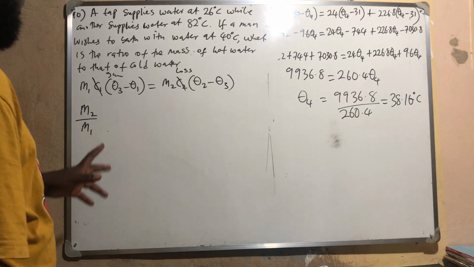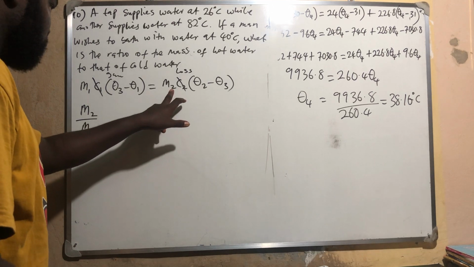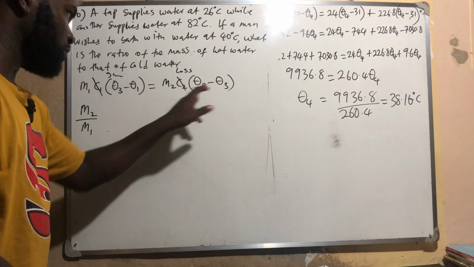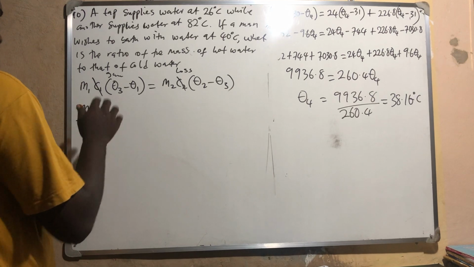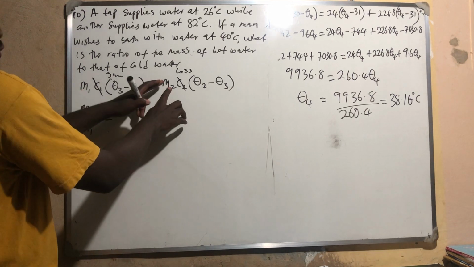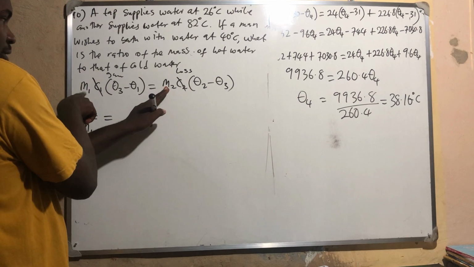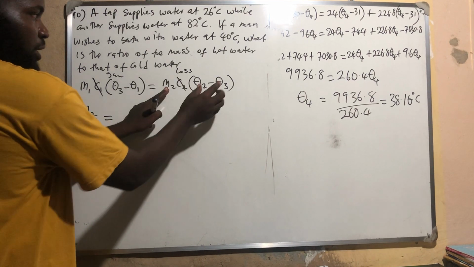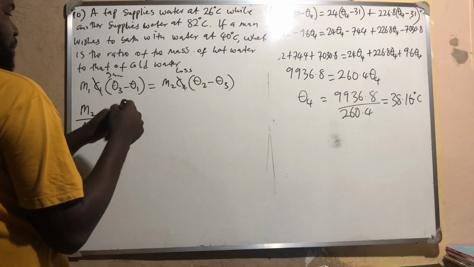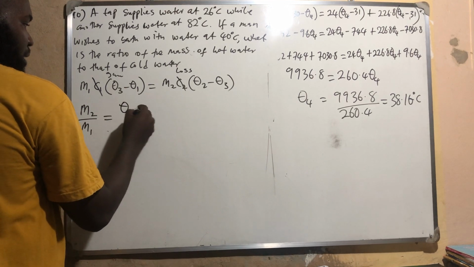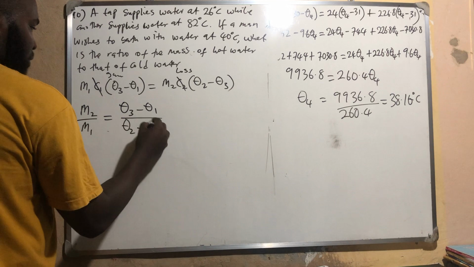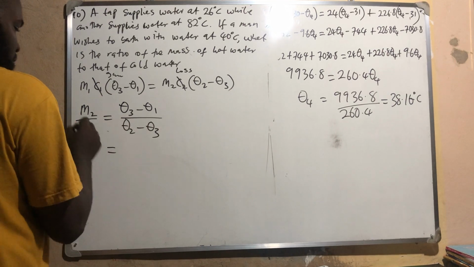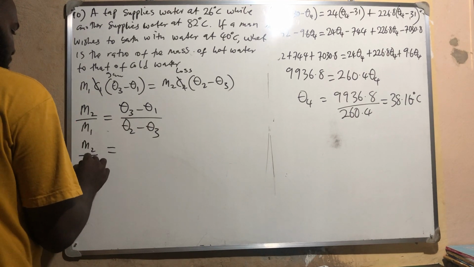So what do we have now? M2 is to M1. I hope you understood what I'm doing. If I want this to be up, then the mass is the one coming down. So I'm going to have theta 3 minus theta 1 all over theta 2 minus theta 3. So this is the ratio, M2 over M1.